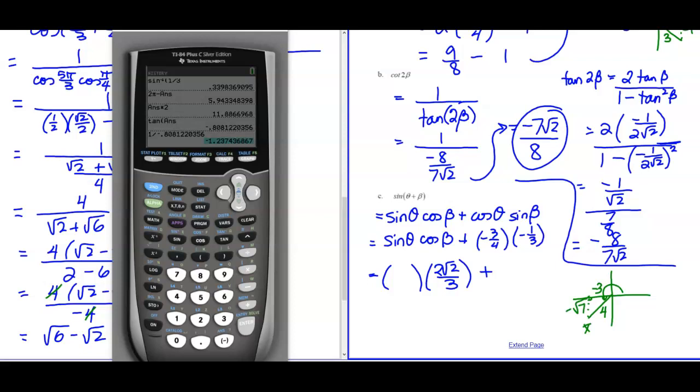Right, and then sine of that angle is negative. You can reduce the 3's there, but I'm not going to because this has the same denominator. It'll always work out like that. So then we will have what?